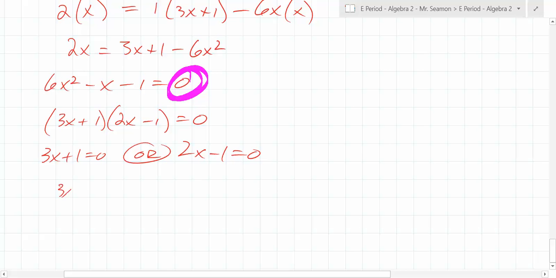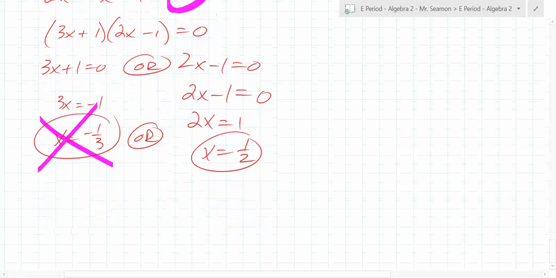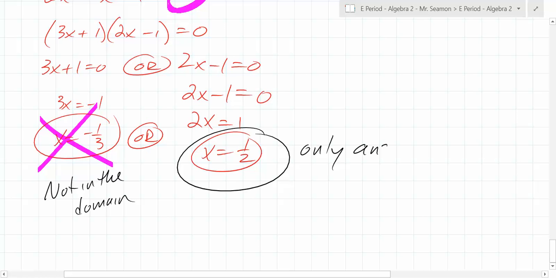So you have 3x is equal to negative 1, so x is equal to negative a third, or 2x minus 1 equals 0, which tells you that 2x is equal to 1. So what does x equal? Oh, so then you're not quite done yet, because this right here is not in the domain. So what's the only answer? This is your only answer right there. That's great.